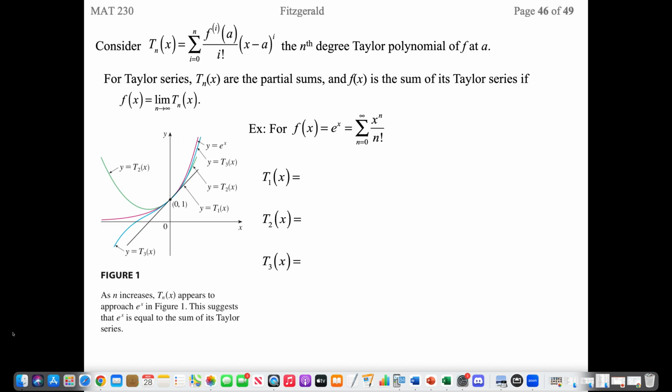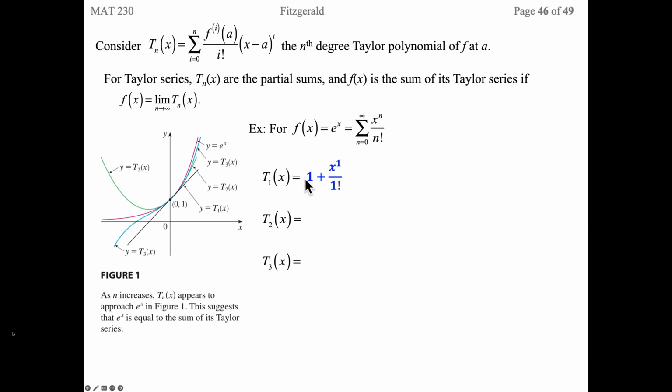All right, so e to the x, again, that's the graph here in red. And so T sub 1 of x is going to be this straight line, because T sub 1 is going to be 1 plus x to the first over 1 factorial. So we put in a 0, that's the 1 over 1, and then x to the first over 1 factorial.